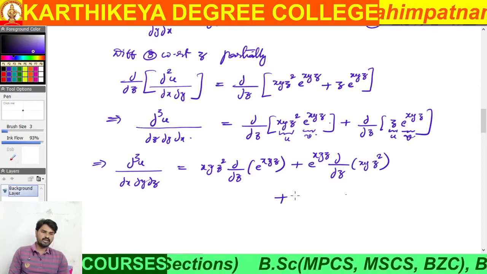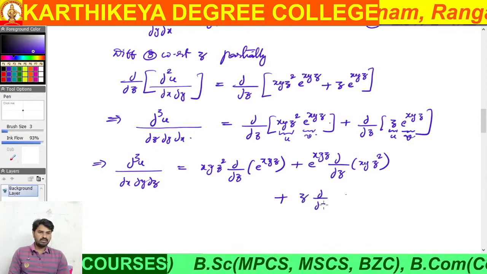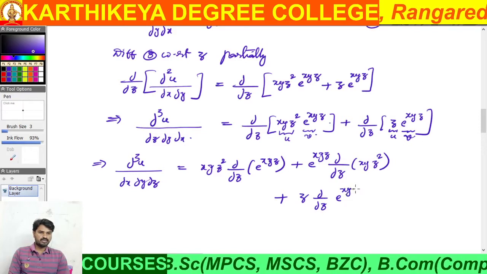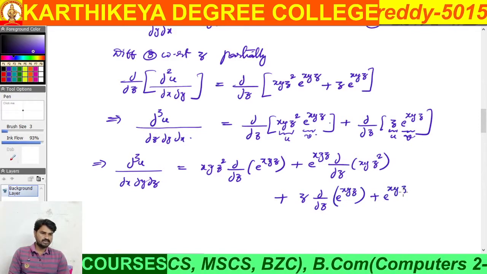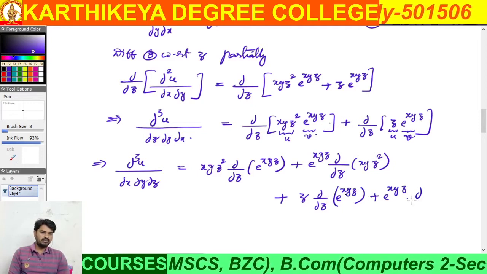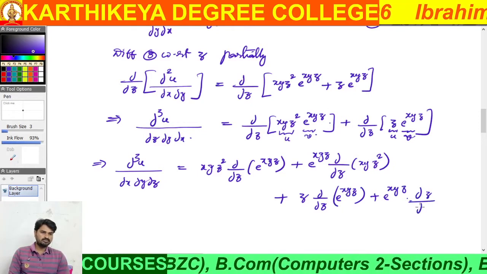Now you can write u into v dash, that is z into the derivative of e^(xyz), plus e^(xyz) into the derivative of z with respect to z.